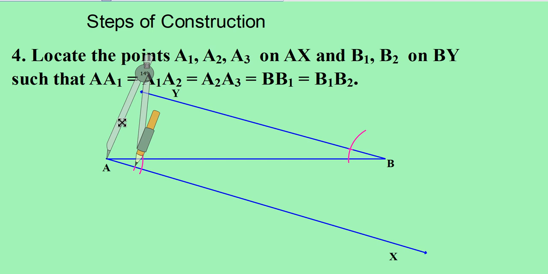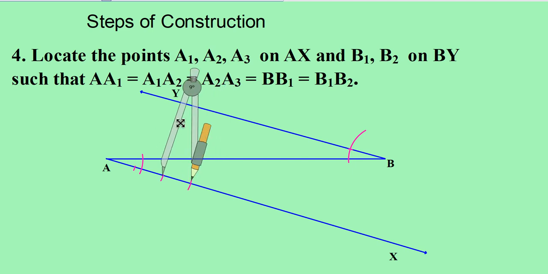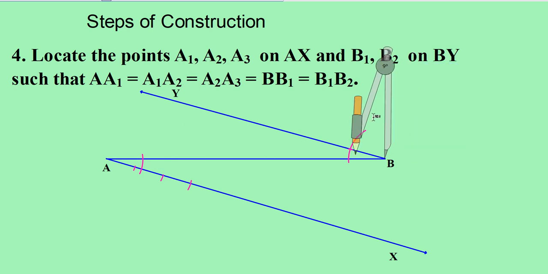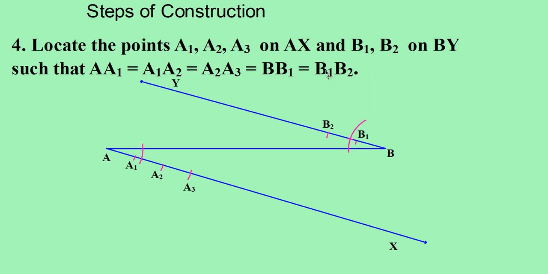Locate the points A1, A2 and A3 on AX and B1, B2 on BY such that AA1 is equal to A1A2, A2A3 and BB1 is equal to B1B2.